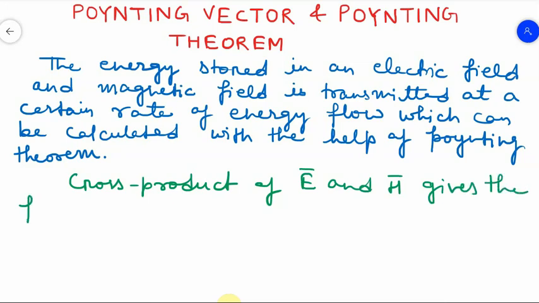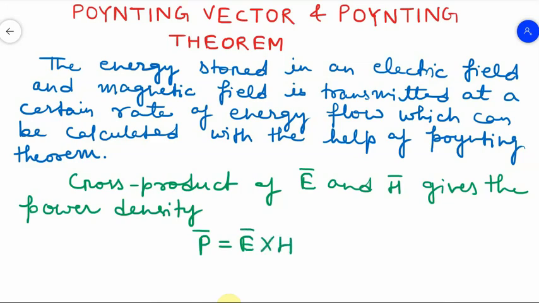So if we do the cross product of E and H, we will get the power density. Power density is represented by P, and P equals E cross H, where this P vector is called the Poynting vector.